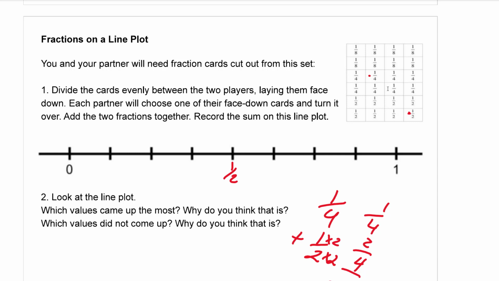What would be 1/4? 2/8. Okay, so 1, 2. So right here would be 1/4. What would be 3/4, Mr. Schmidt? 3/4 would be halfway between the half and the 1. Okay, so this would be 3/4, otherwise known as 6/8.